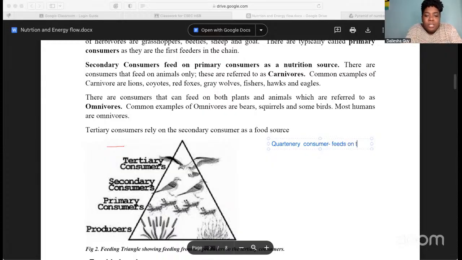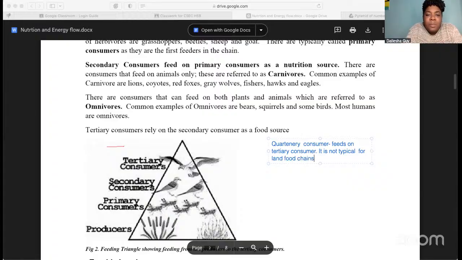They feed on the tertiary consumer, right? So we pause and take that, right? But it's not typical for land food chains.